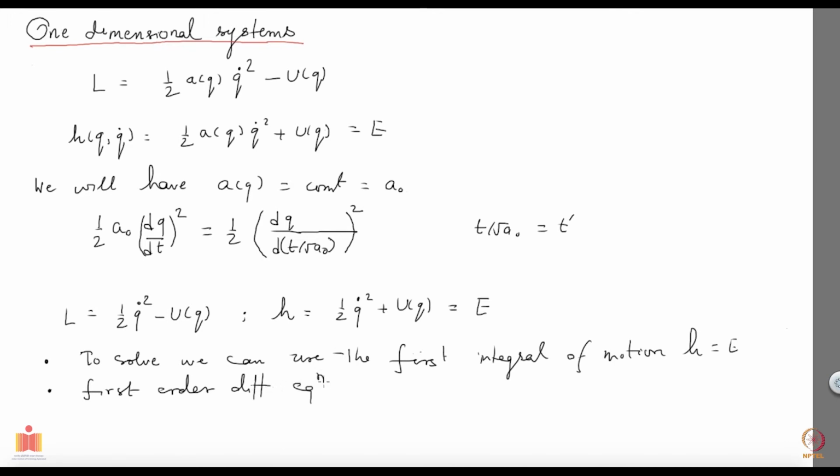So let's do that. Here I have half q dot squared plus U equals E, where E is a constant. All I have to do is take U to the other side and take a square root, and then I get an expression for q dot, which I can integrate. That's what I'm going to do now.